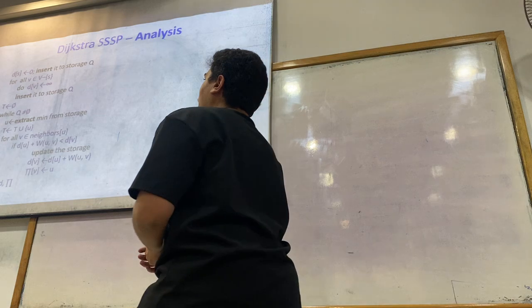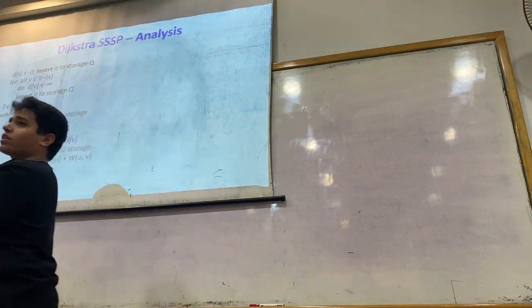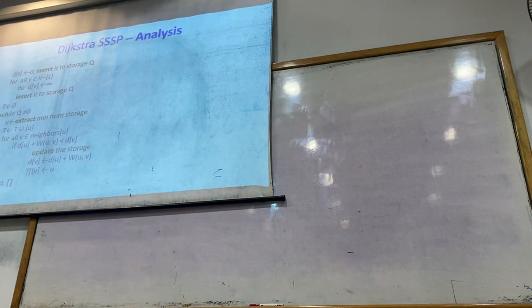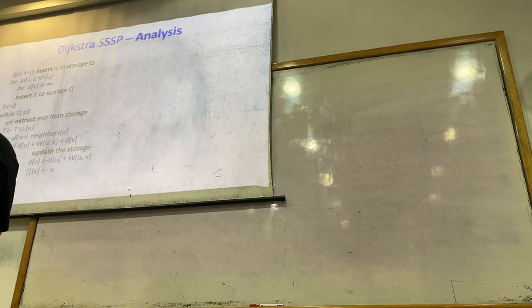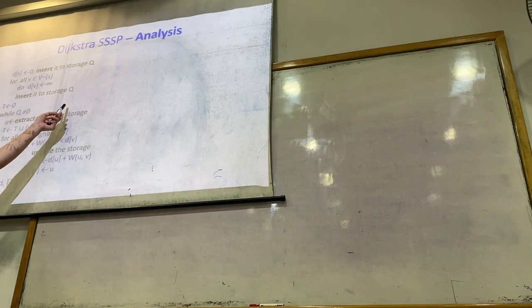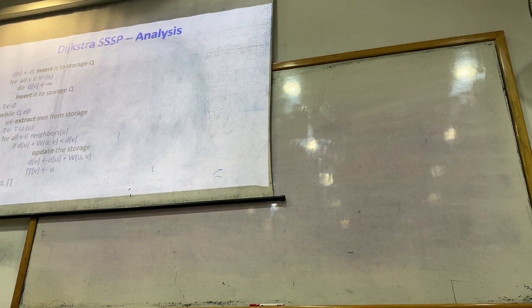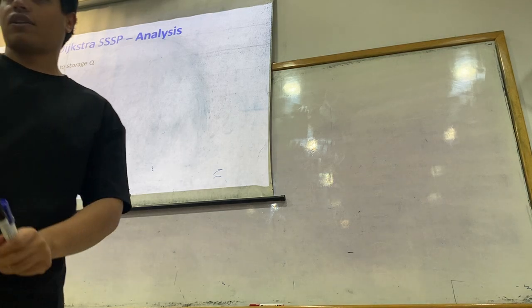How many inserts do I do in this code? First, I insert the starting point, which is one insertion. And then I insert all of the remaining vertices into the Q. So insert is called V times, with each vertex, that's right?